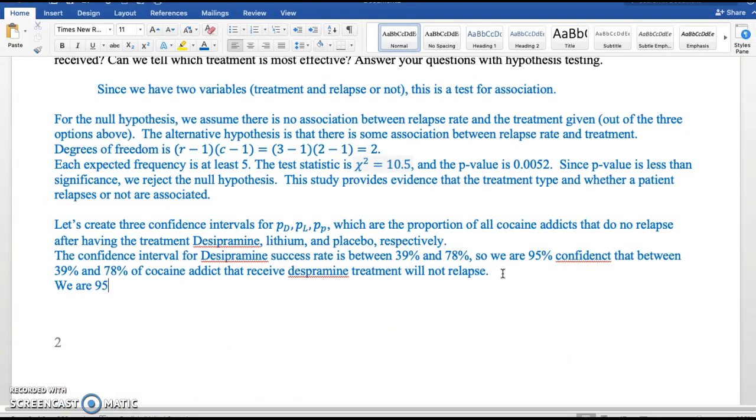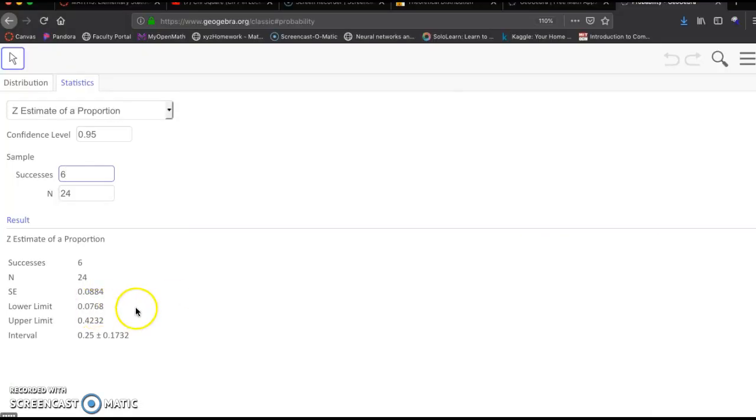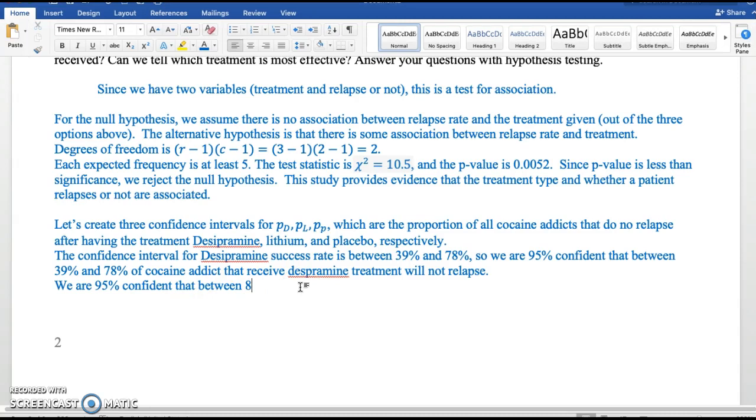We are 95% confident that between 8% and 42% of cocaine addicts that receive lithium treatment will not relapse.